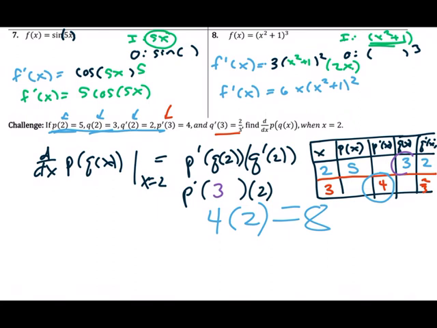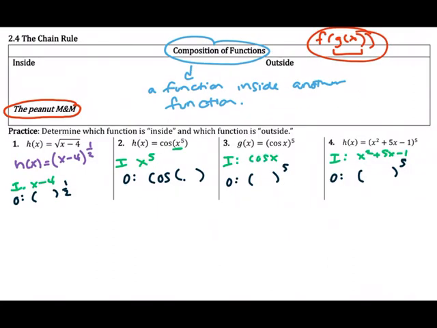Let's go ahead and recap what we learned in this video. We started out by identifying when we have a composition of functions, which functions are inside and which functions are outside. And it's really helpful to write fractions using negative exponents, to write radicals using rational exponents. That's going to make the differentiation process a lot easier, and it's going to make it easier to see your inside and outside functions.